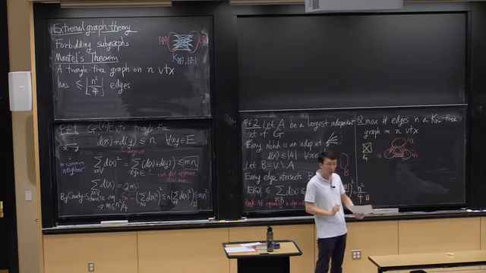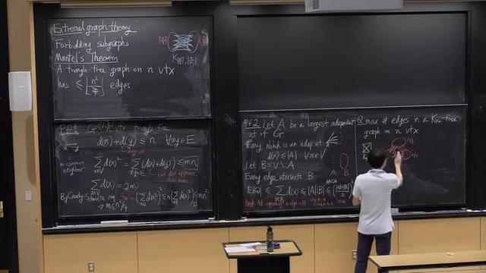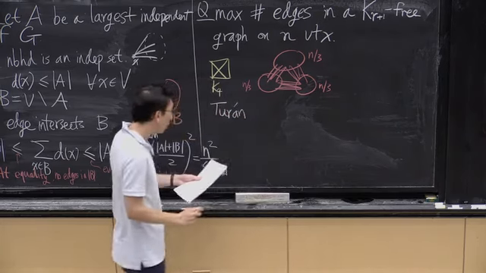And that's the next theorem that we'll see. But just to give it a name, we're going to call graphs like these Turán graphs, because the next theorem is Turán's theorem.